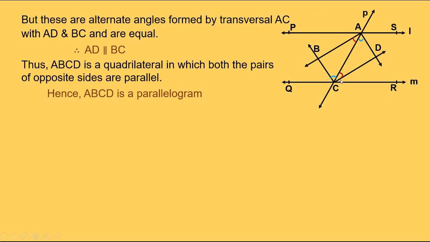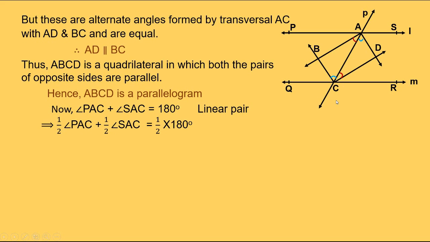Now, angle PAC plus angle SAC is equal to 180 degrees, linear pair. This implies half of angle PAC plus half of angle SAC is equal to half of 180 degrees, since AB and AD are the bisectors of angle PAC and SAC.